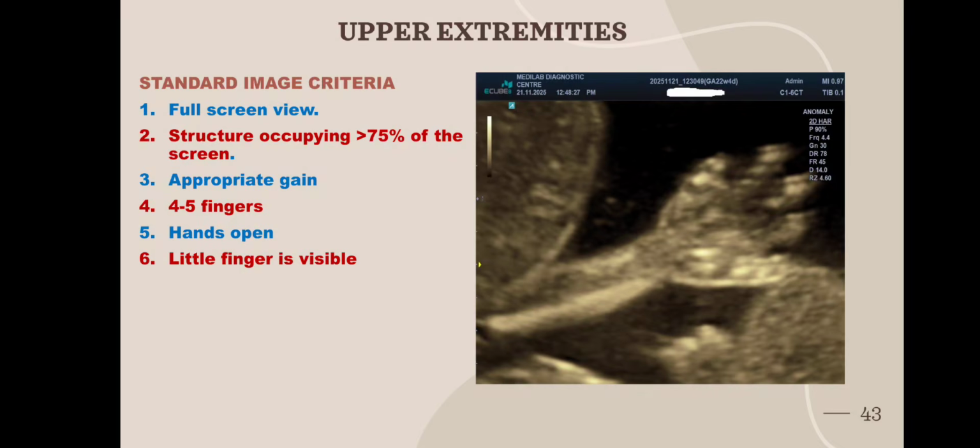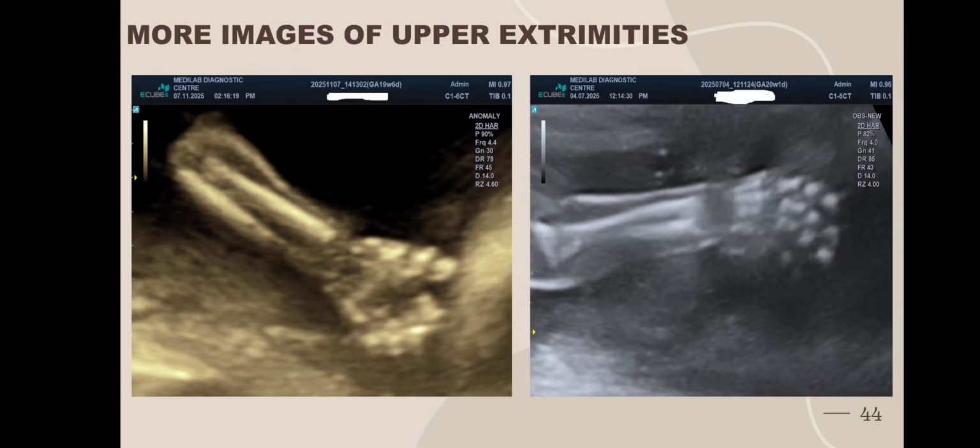Hands should be open. More images of upper extremities. See, both bones of forearm should be visualized.